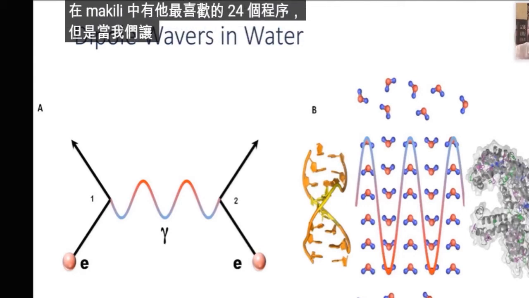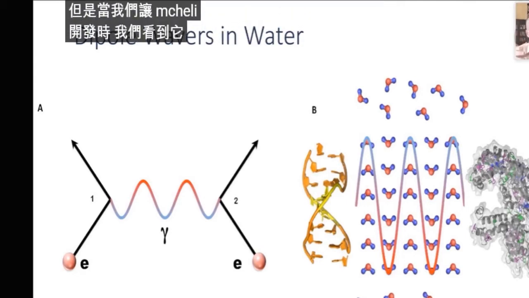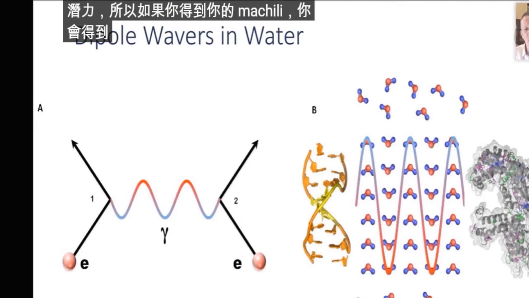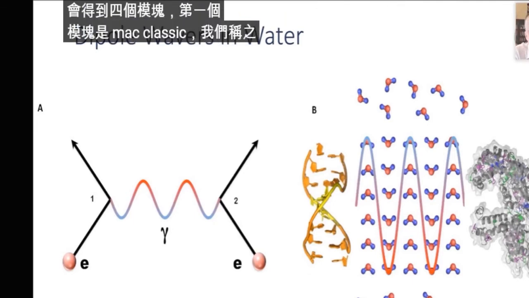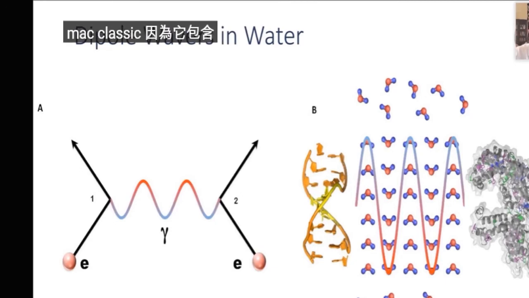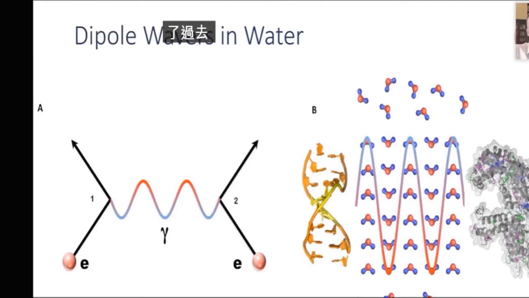But when we then had the MEG Healy developed, we saw that it has a much bigger potential. So if you get your MEG Healy, you will get 4 modules with it. The first module is the MEG Classic. And we call it MEG Classic because it contains the best of magnetic field applications, which has been researched within the last 30 to 40 years.